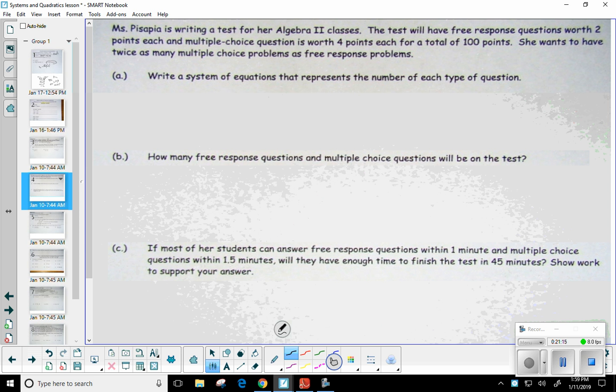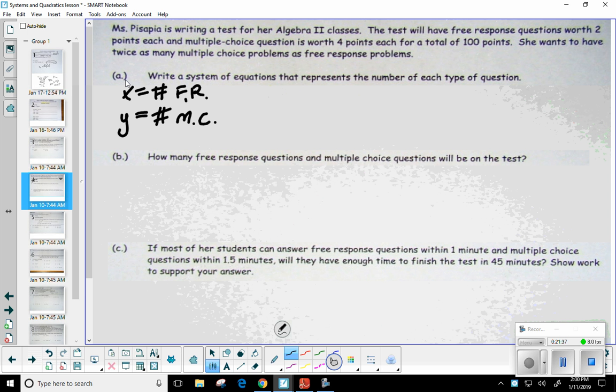So how am I going to label these? Is it the types or the points that I'm labeling? It's the type. So let's say X is going to be the number of free response. I'm going to put FR for free response so I don't have to write that out. So Y is going to be the number of multiple choice.